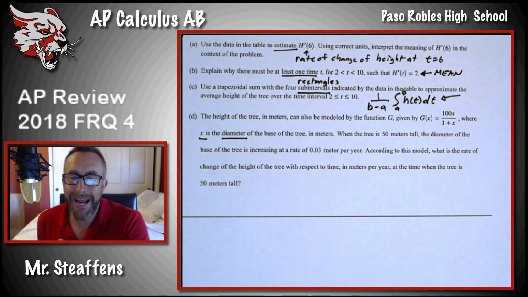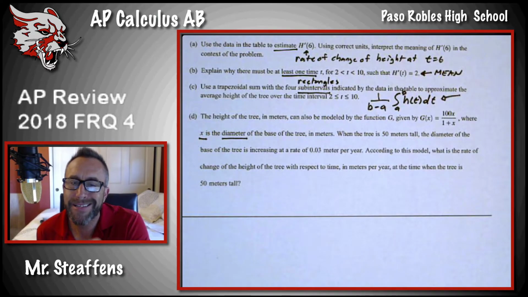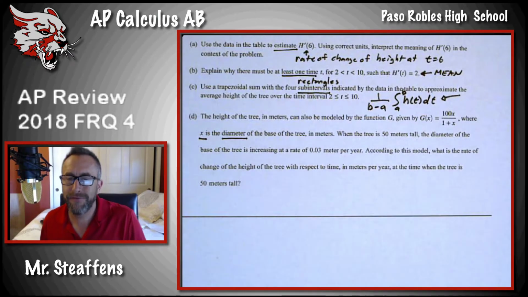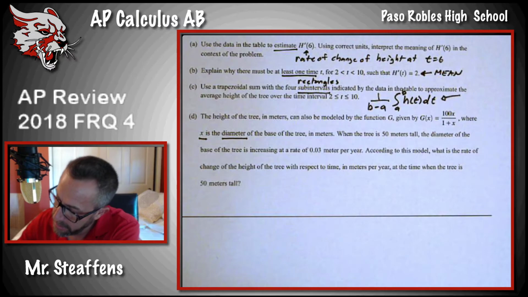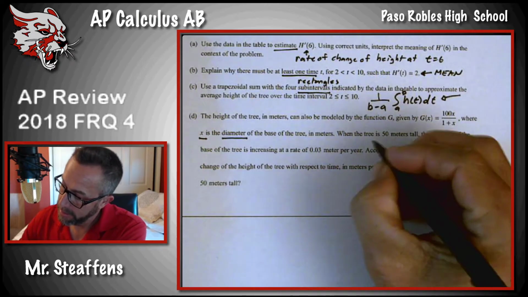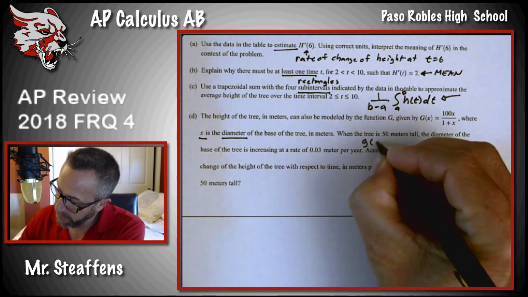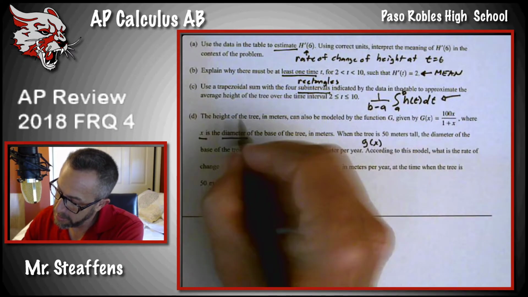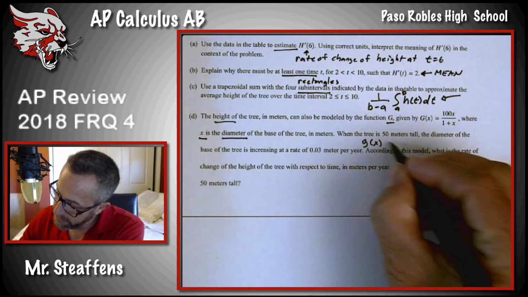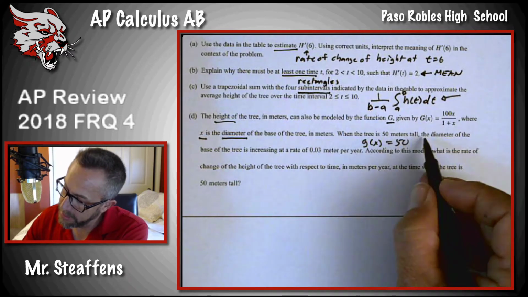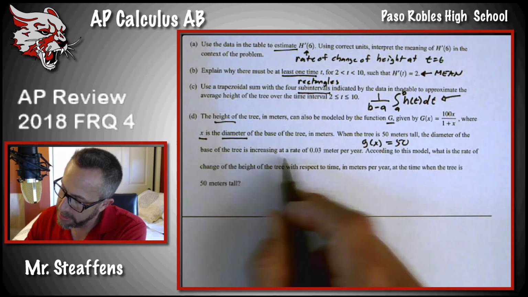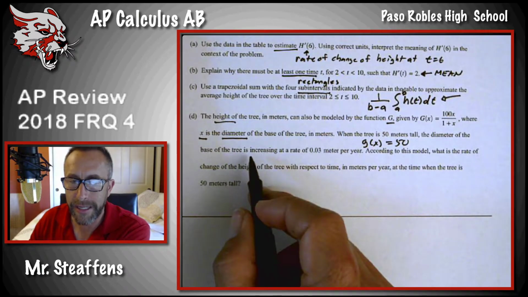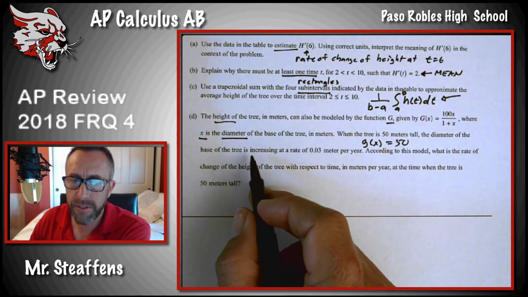So here we go. This compares the diameter of the tree to the height of the tree. And it says when the tree is 50 meters tall, right? So when g of x, when that height, because remember, this is the height of the tree, is 50 meters, the diameter of the tree, that's x, is increasing at a rate.